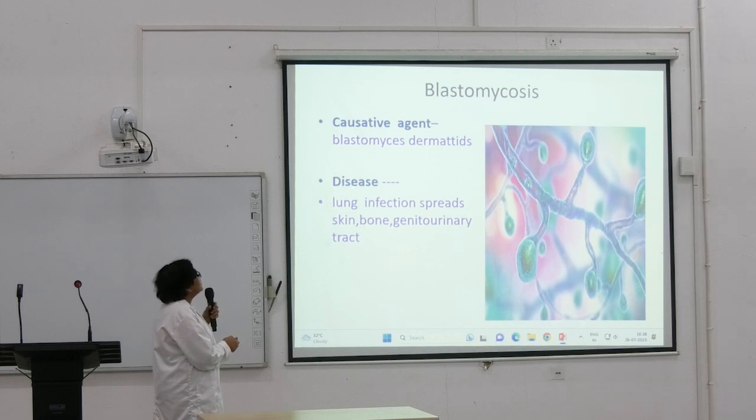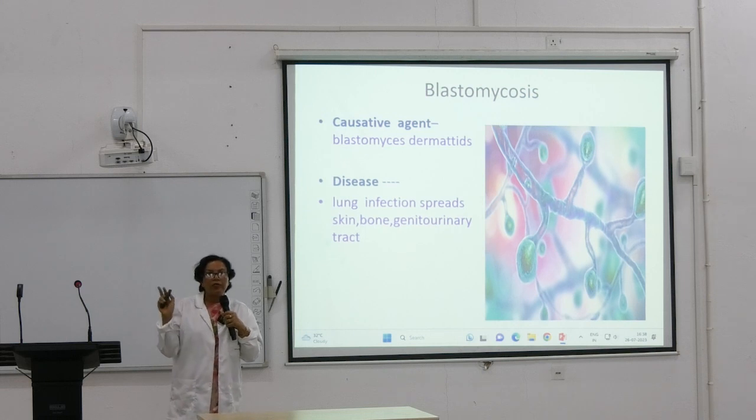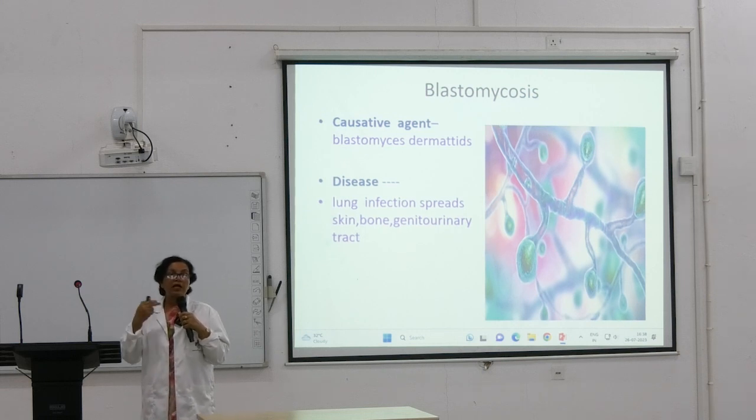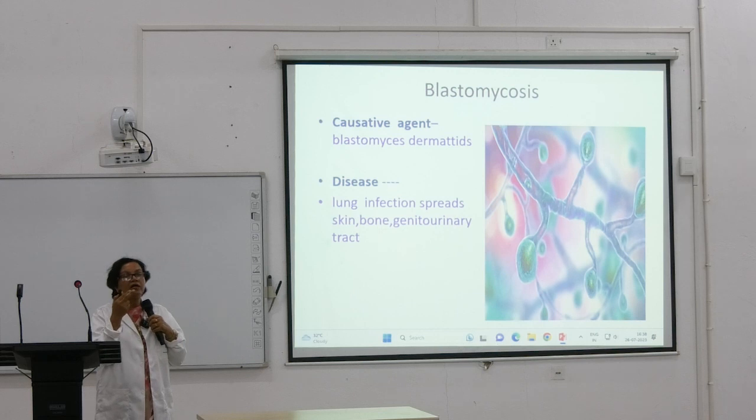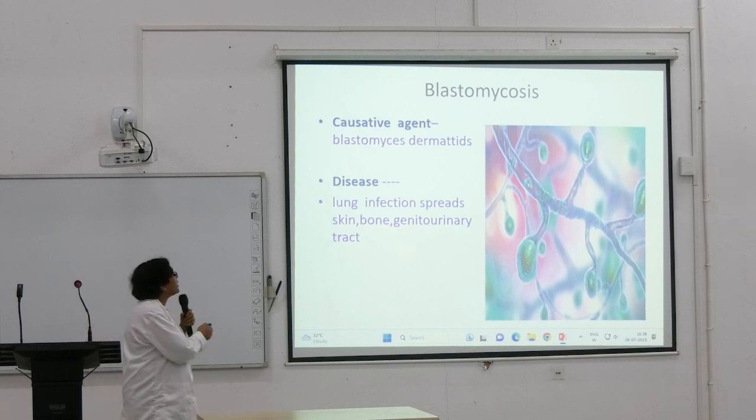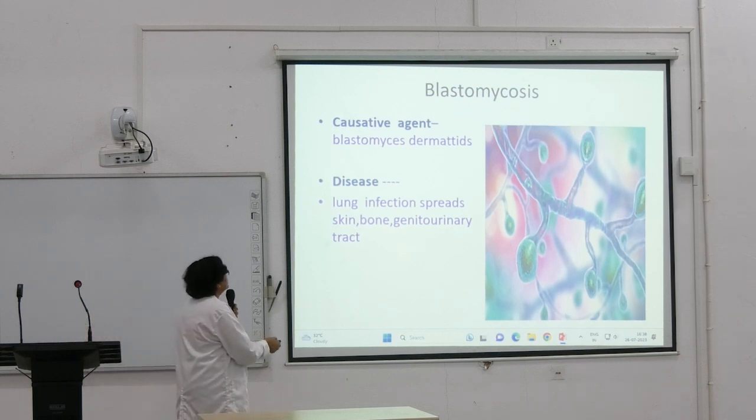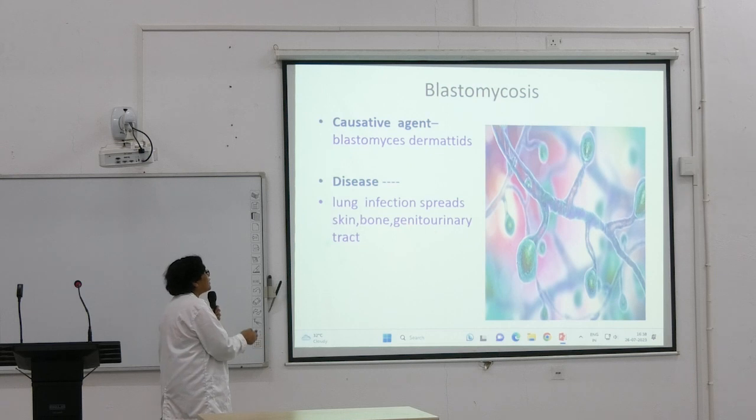Disease, lung infection. I have told every dimorphic fungi first causes lung infection by the inhalation of the spore through nose, then disseminated to the skin, mucous membrane, lymph node, etc. So here is also lung infection, spread skin, bone, genitourinary tract.